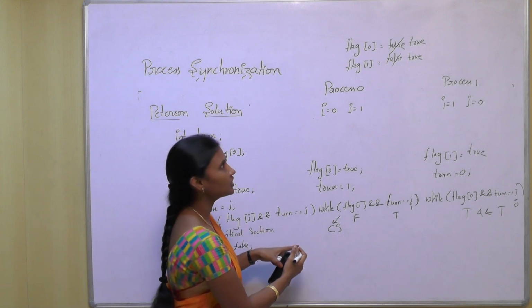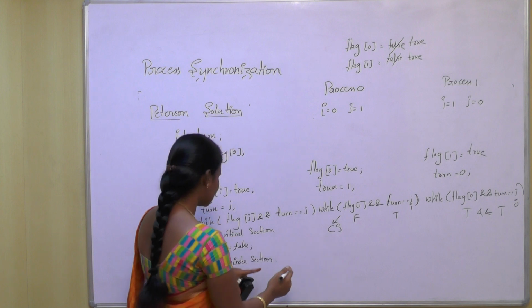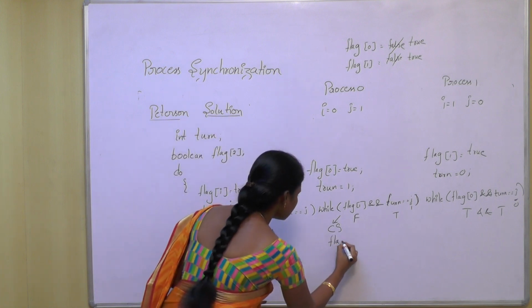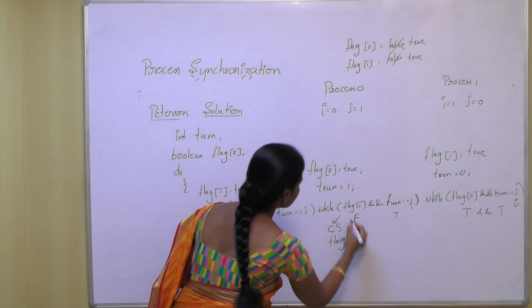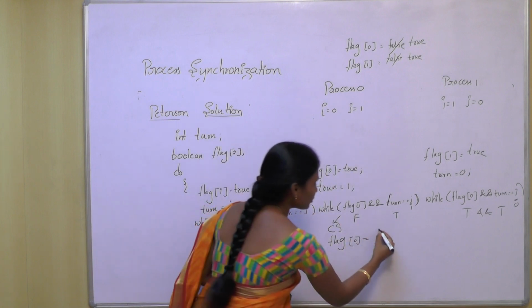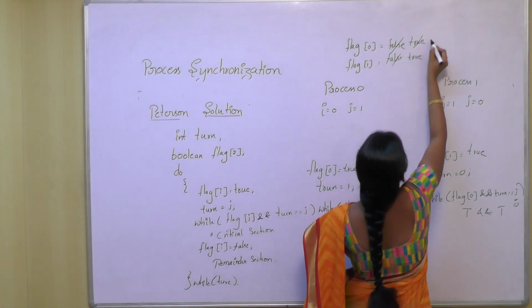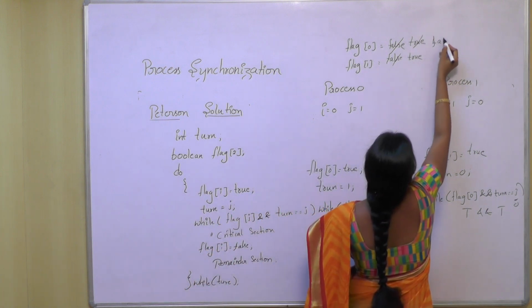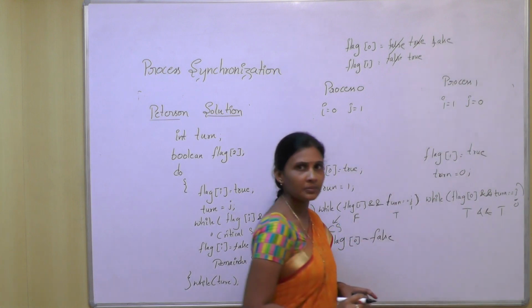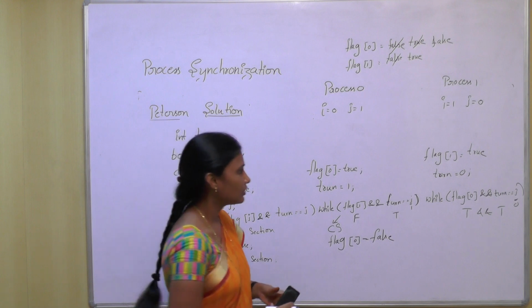Now coming back to process 0, after it comes out of the critical section, it changes flag of 0 from true to false. That means now the other process can access the critical section.